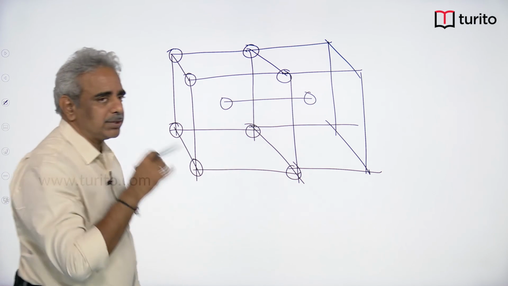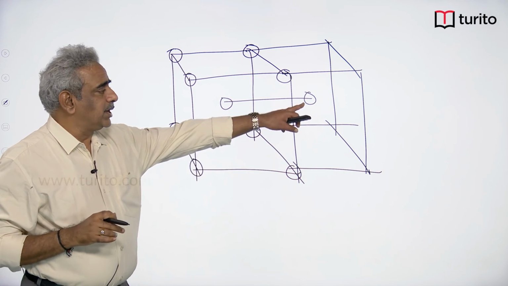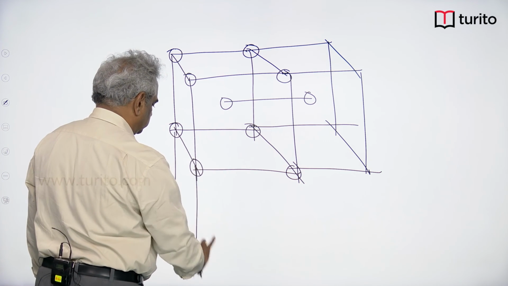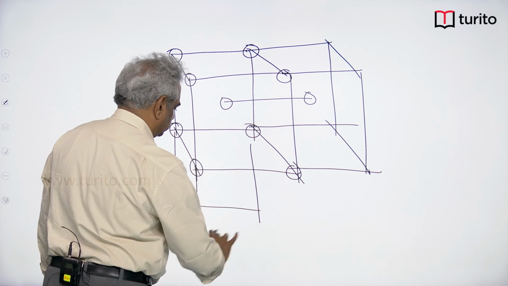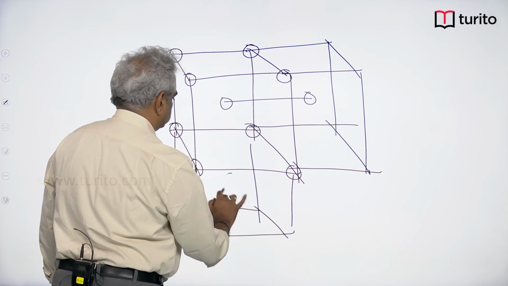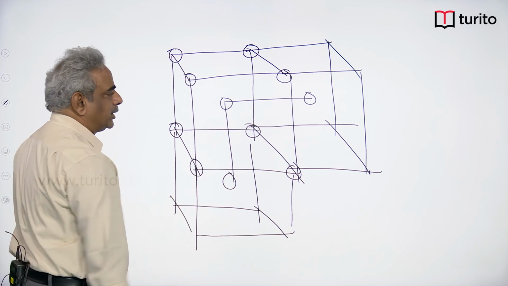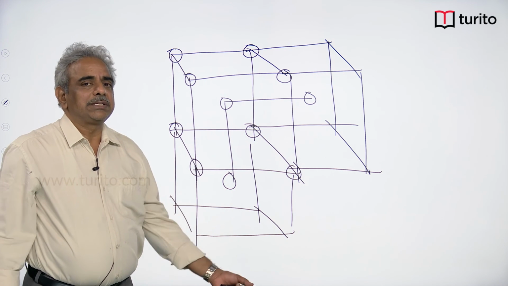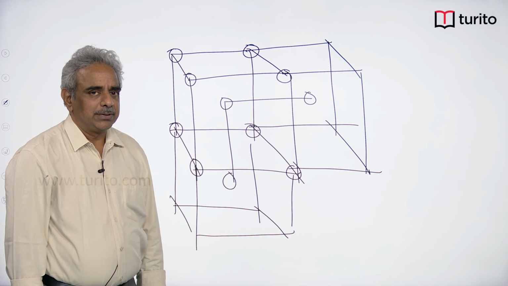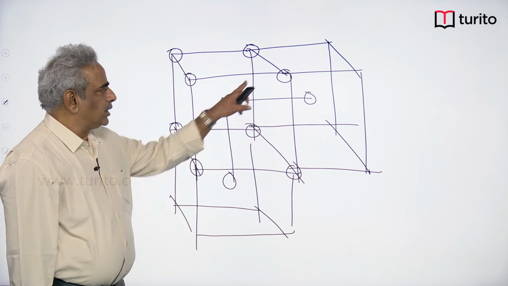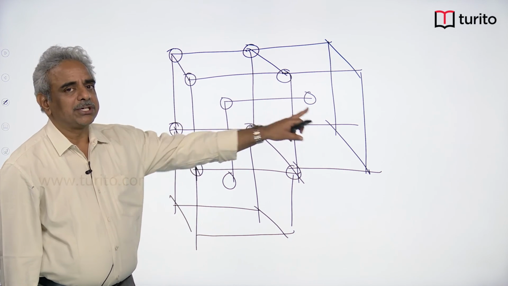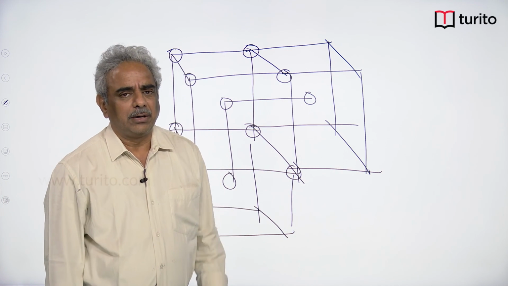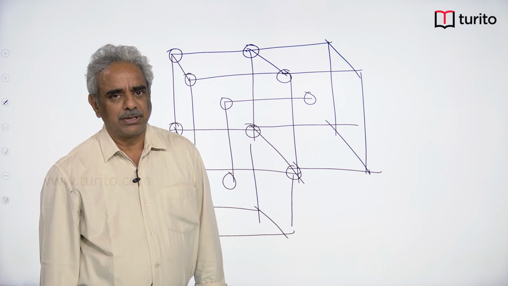So, this is the next nearest. How many such next nearest pairs will be there at every unit cell? This is also at the same distance, and you have got 6 faces and 6 such neighbors. So, the first neighbors will be 8, the next neighbors will be 6. Like that we can keep on calculating different varieties of coordination numbers.